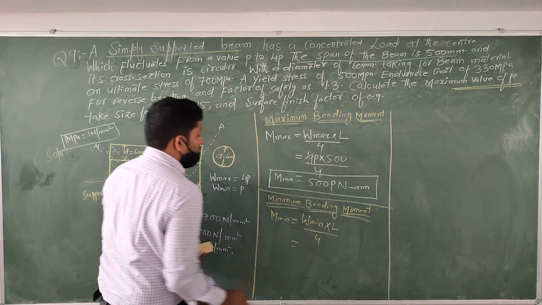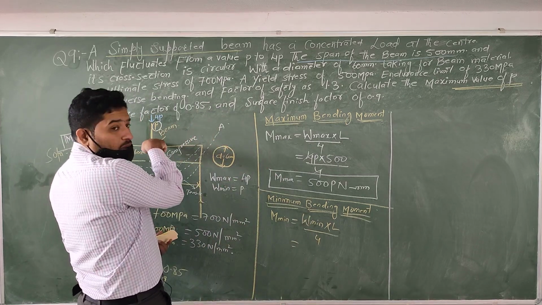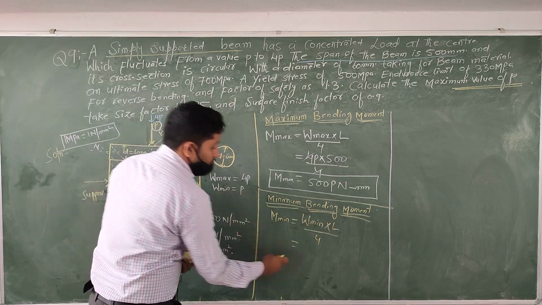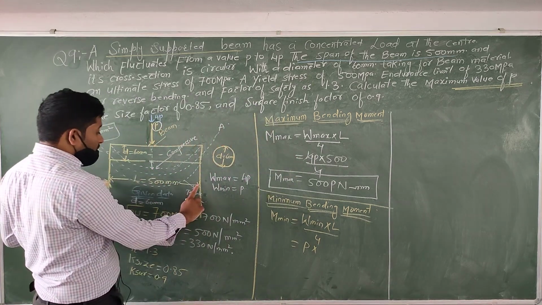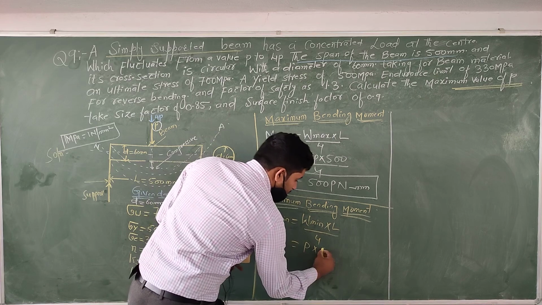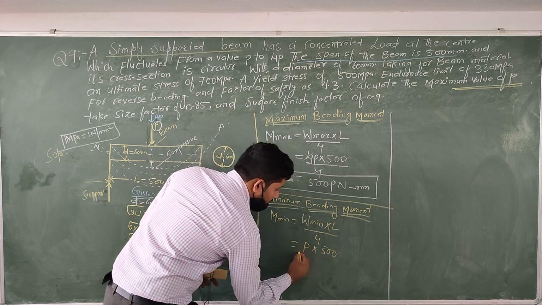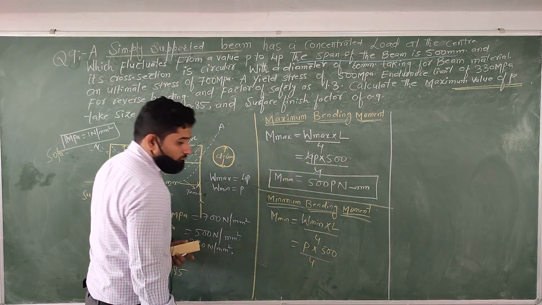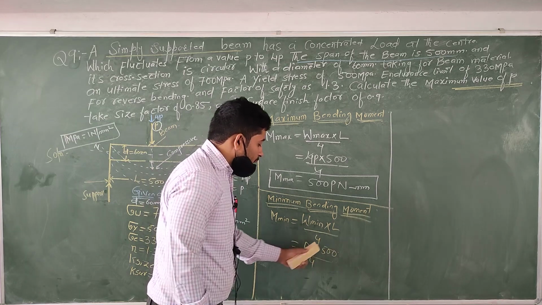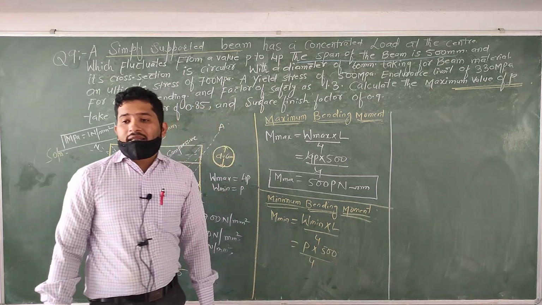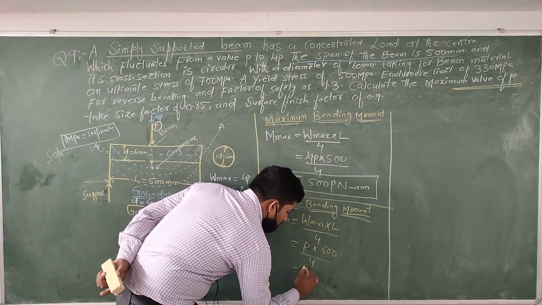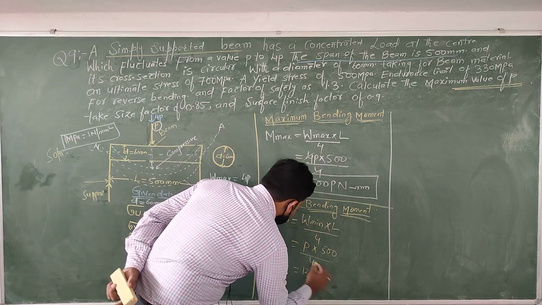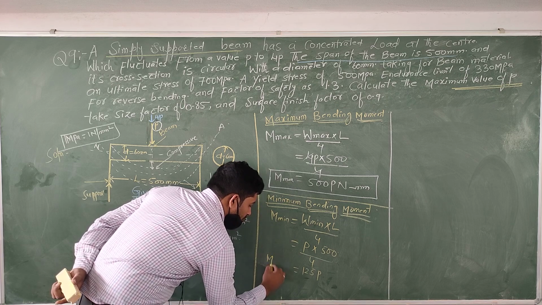The minimum load acting on this beam is P. The total length of the beam is 500, so 500 by 4. If you divide 500 by 4, you will get 125. Then it should be 125P. That is the value of the minimum bending moment.